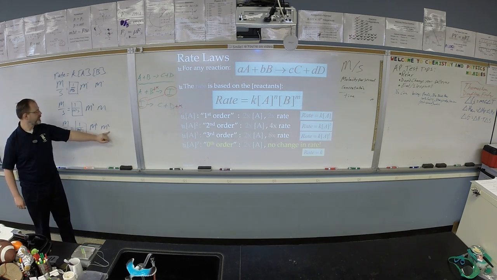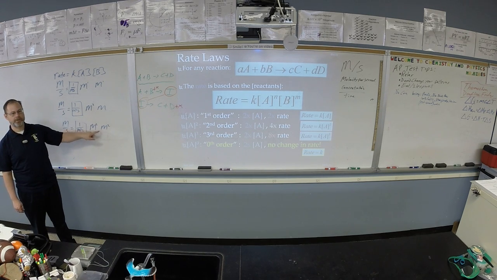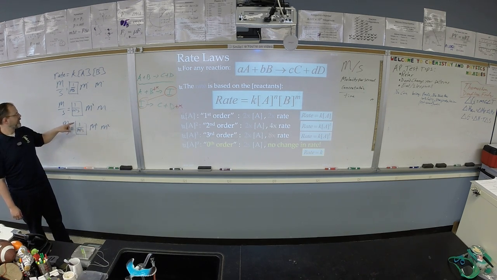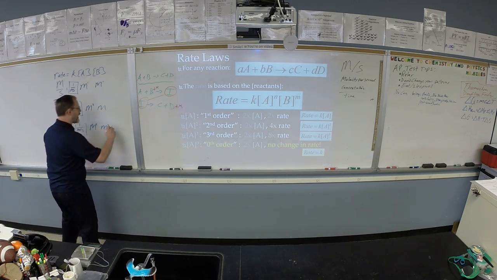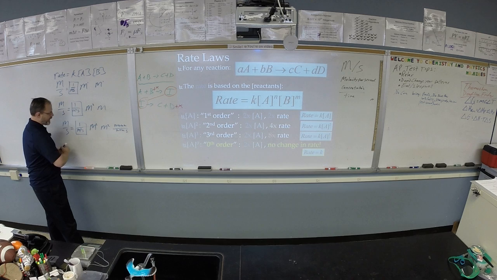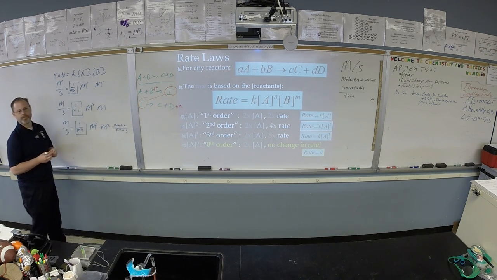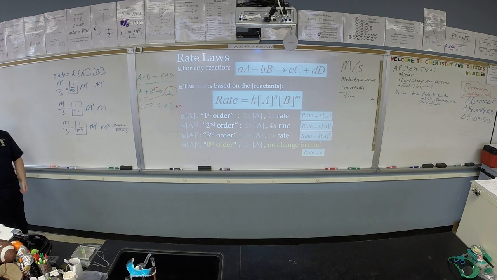Because this is 4 M's, there's only 1 M here. So 3 of the M's have to cancel out 3 of the M's. So if you write it all out, it's M over s. Canceling them out becomes molarity per second. Your rate will always be molarity per second.